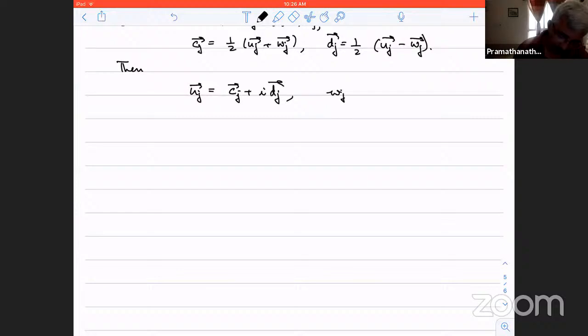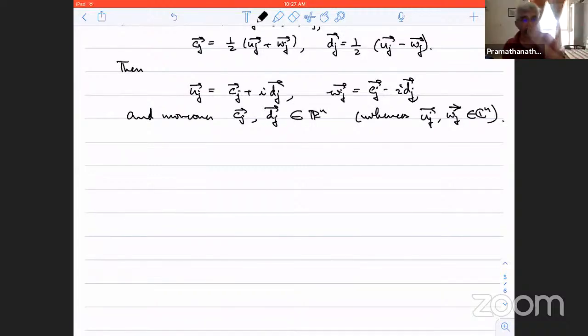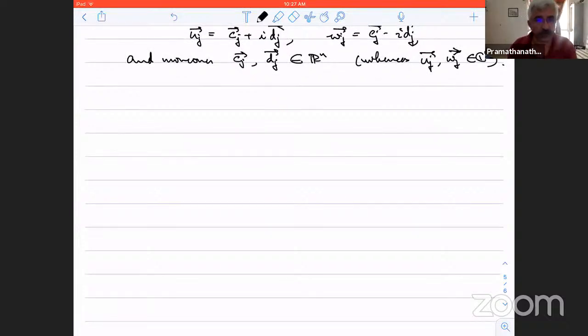And moreover, Cj, Dj belong to Rn, whereas Uj, Wj, as far as we know, belong to Cn. They may or may not belong to Rn. But we are sure that these two, of course, belong to Cn rather than Rn because the eigenvalue is complex.